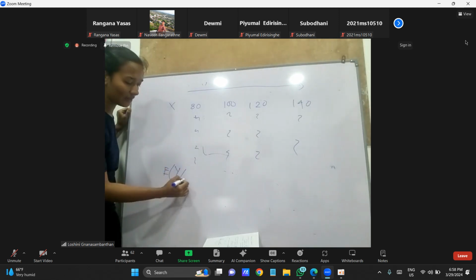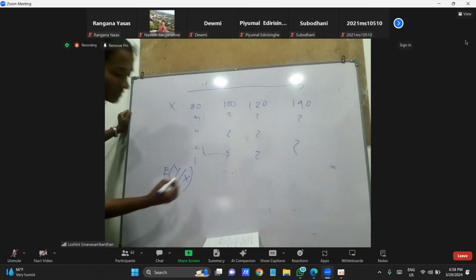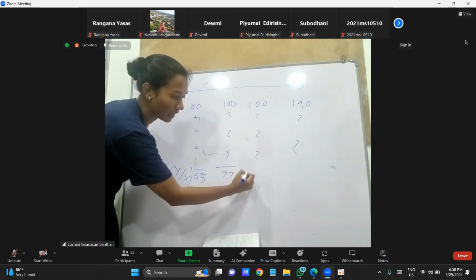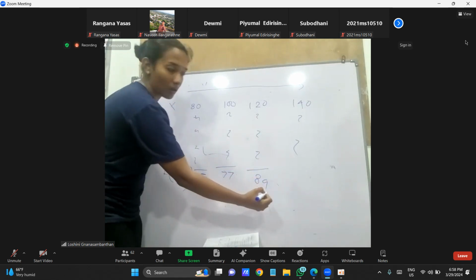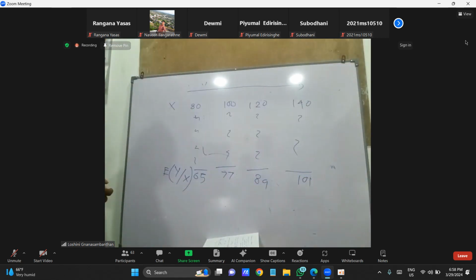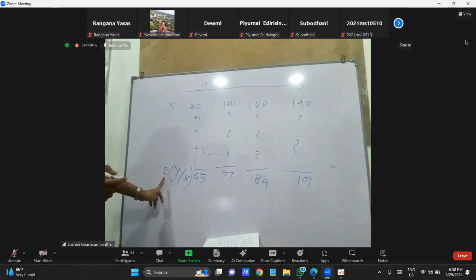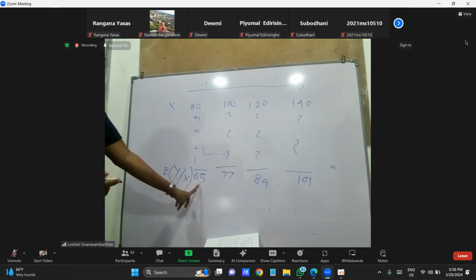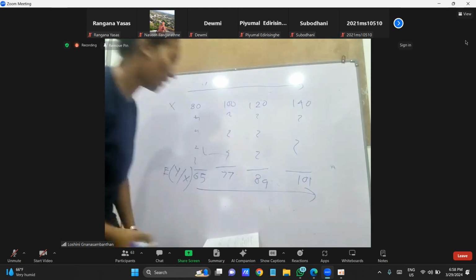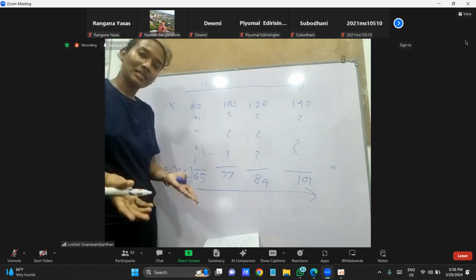Expectation of Y given X in the table is 65, 77, 89, 100, then it goes beyond. As you see that X is increasing, the expectation of Y given X, the conditional mean of Y, is also increasing.